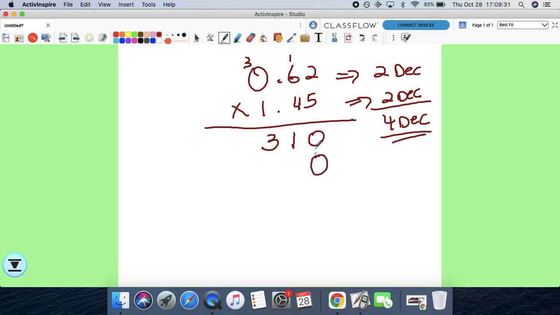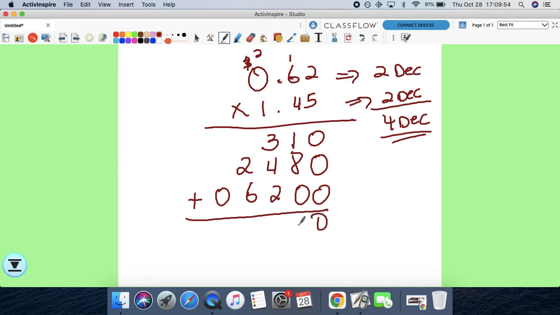Add a 0. Now let's do the 4. 4 times 2 is 8. 4 times 6 is 24. Carry 2. 4 times 0 is 0. Plus 2 is 2. Now we add 2 zeros. 1, 2. Let's do the 1. 1 times 2, 2. 1 times 6, 6. 1 times 0, 0.